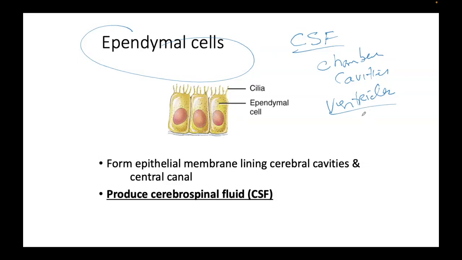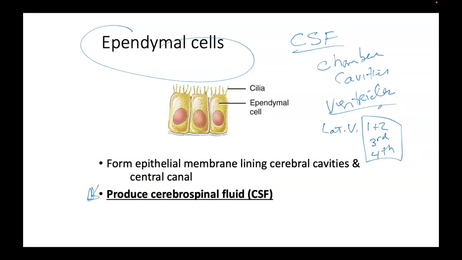Much like in the heart, where you have atria and ventricles, in the brain you have lateral ventricles, which are 1 and 2. Then you have a third ventricle and a fourth ventricle. So you have 4 ventricles, 4 chambers that are involved in circulating and producing cerebrospinal fluid. It's the ependymal cells that actually produce it.